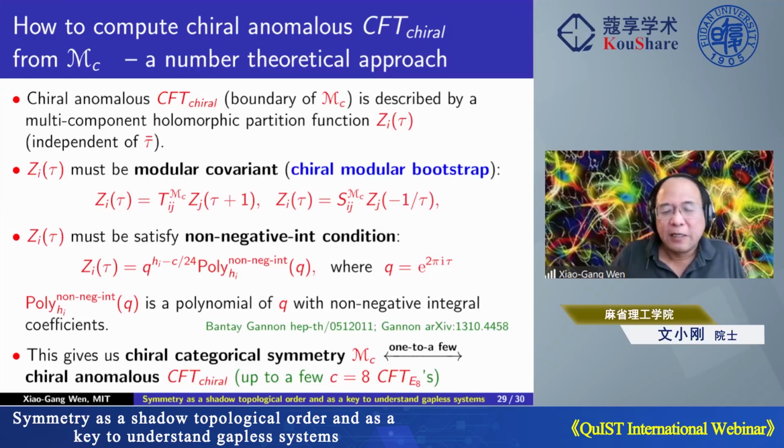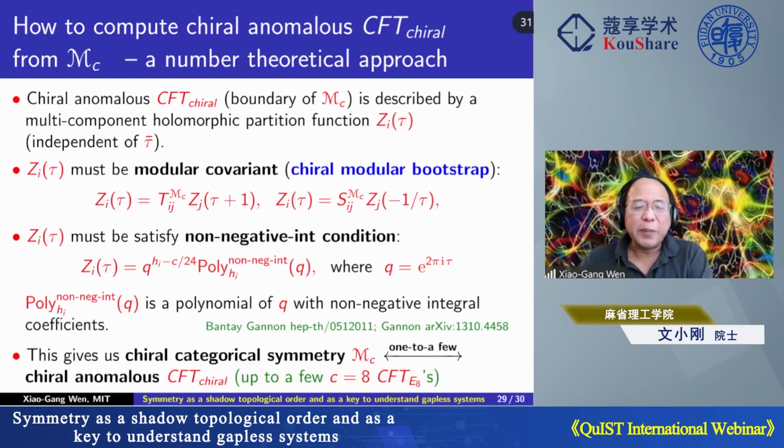Okay. And then, do we think this kind of chiral modular bootstrap determines the partition function completely? The actual answer is no, because there is a chiral partition function, a modular form, which is actually the partition function of an E8 CFT, and it is invisible to this approach. So at least we have the ambiguity of an E8 CFT.